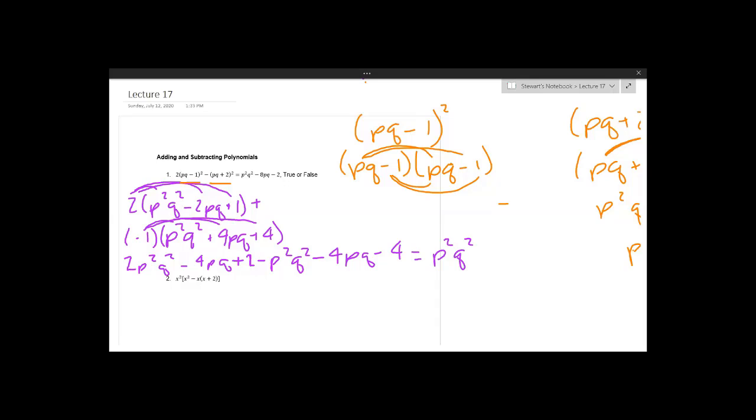In terms of pq's, we have -4 and -4, so that'd be minus 8pq. And then we have a +2 and a -4, which would result in a -2. Which, if we compare that to the right-hand side of that true or false statement, we see that this is actually true.